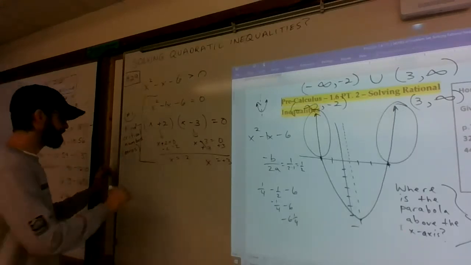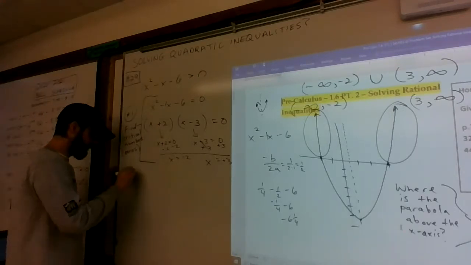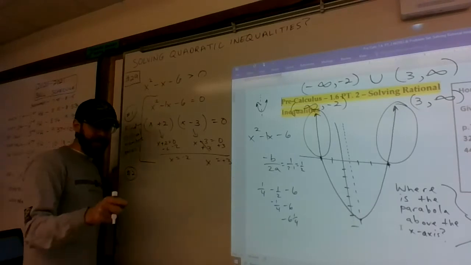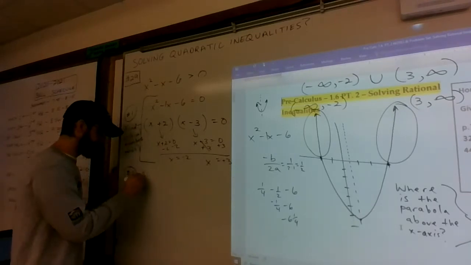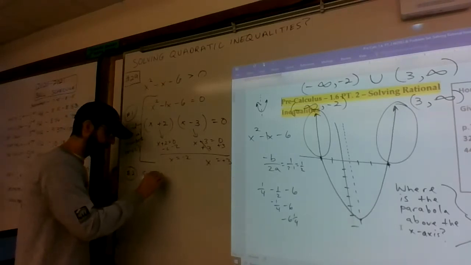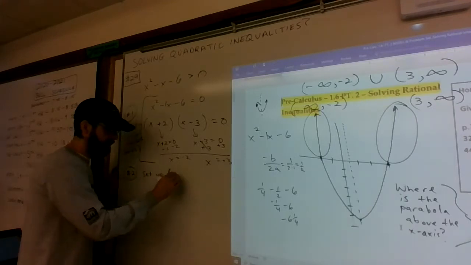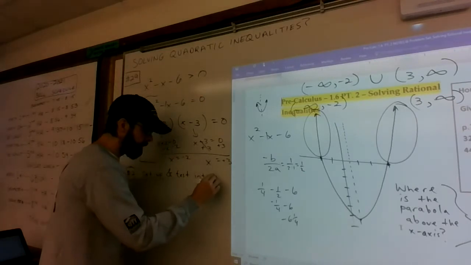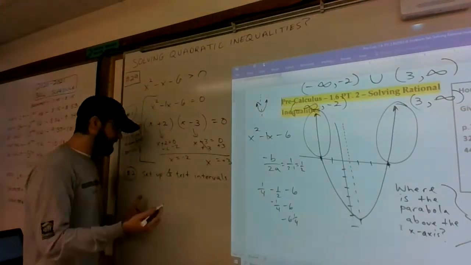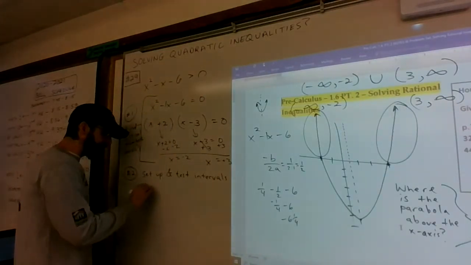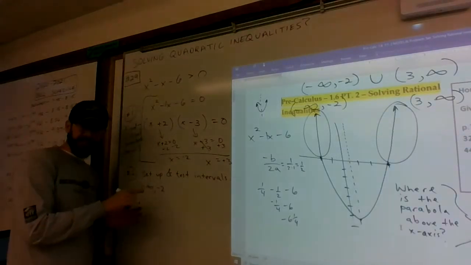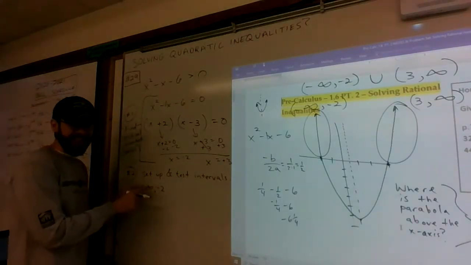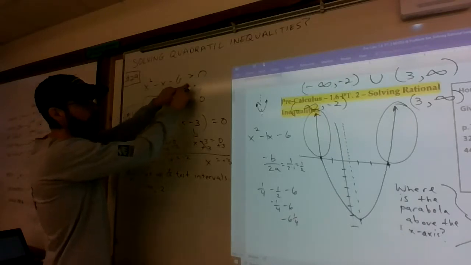Step 2. This is where we set up intervals and test them. So we're saying, from negative infinity to negative 2, we should test that interval to see if it actually satisfies the original inequality.